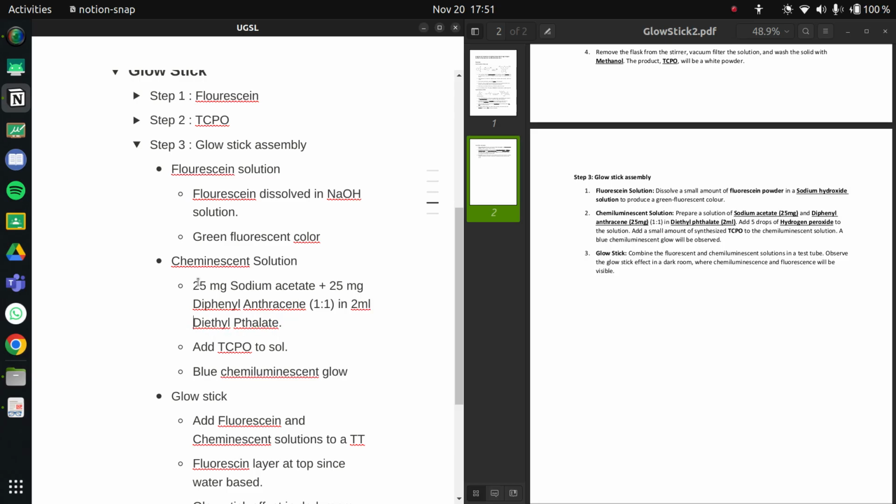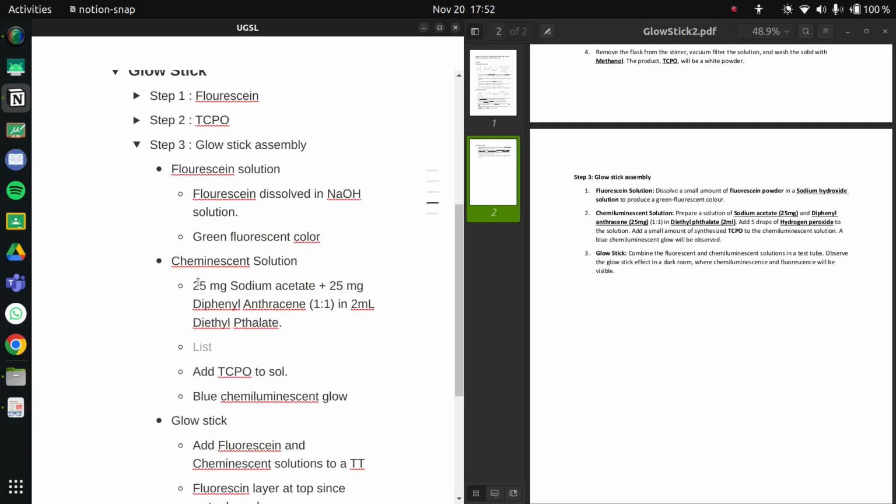Two milliliter hydrogen peroxide. So this is our catalyst, by the way.